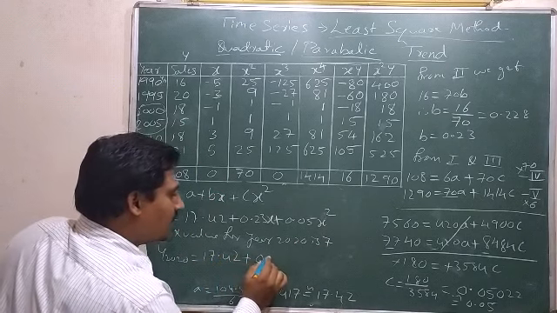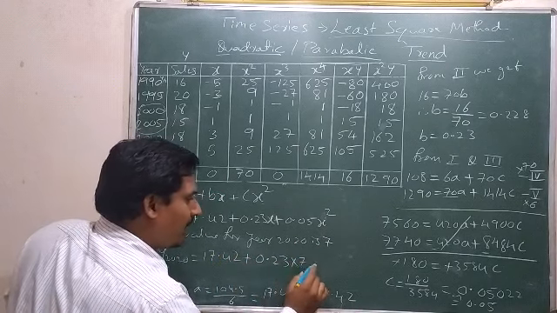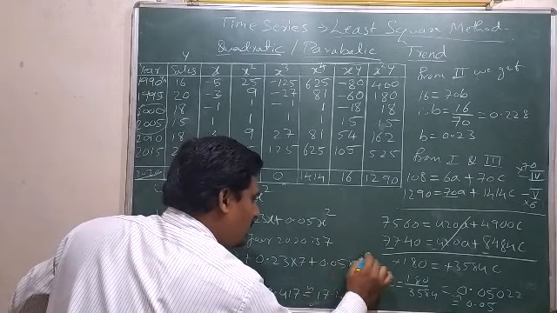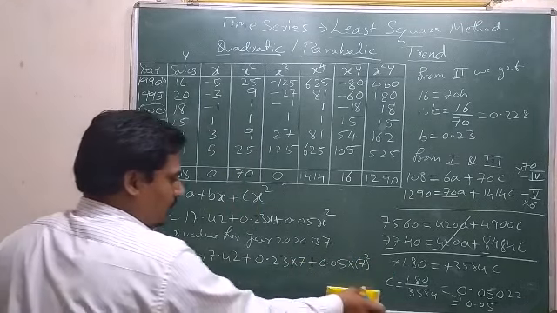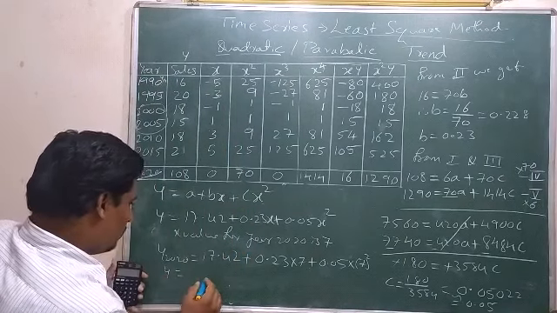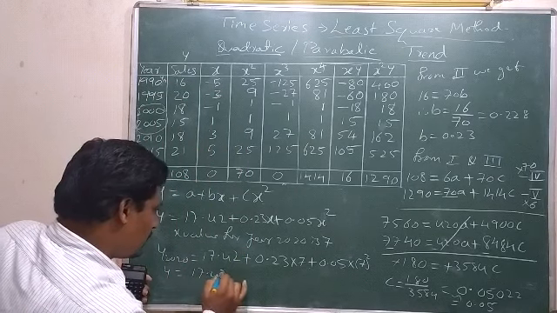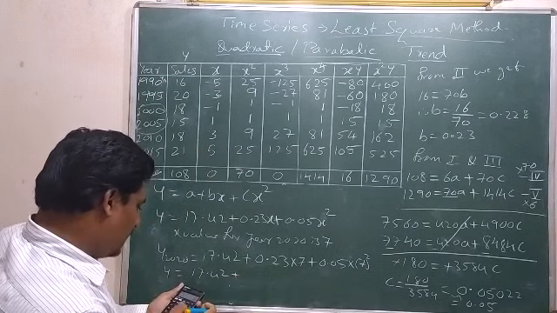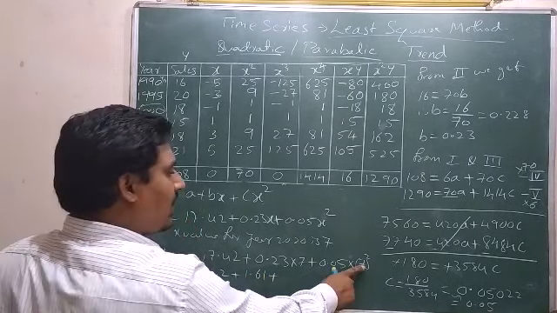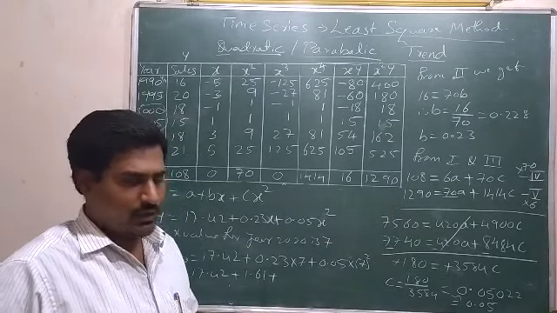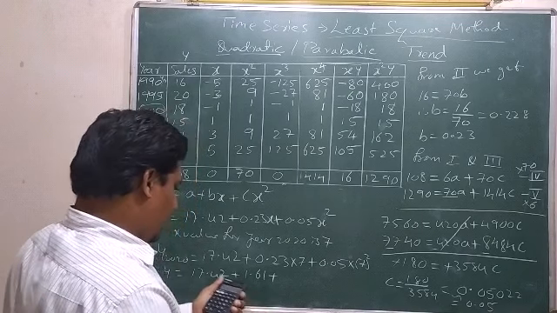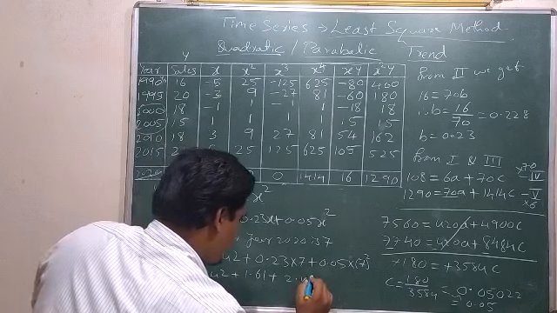So y 2020 is equal to 17.42 plus 0.23 into 7 plus 0.05 into 7 square. So y 2020 is 17.42 plus 0.23 into 7, that is 1.61, plus 7 square. First we have to square the x value. So 7 square is 49 into 0.05 is 2.45.